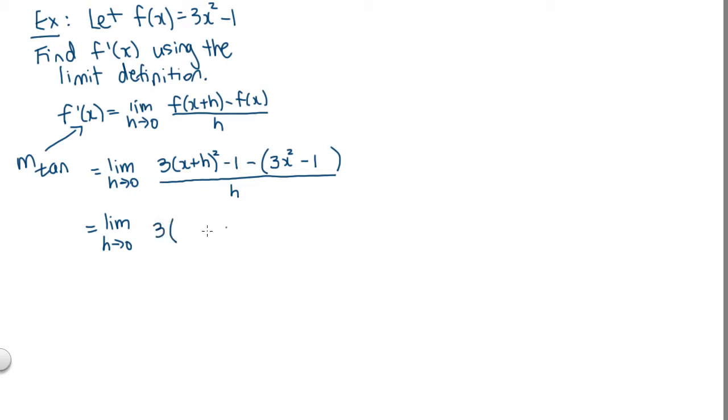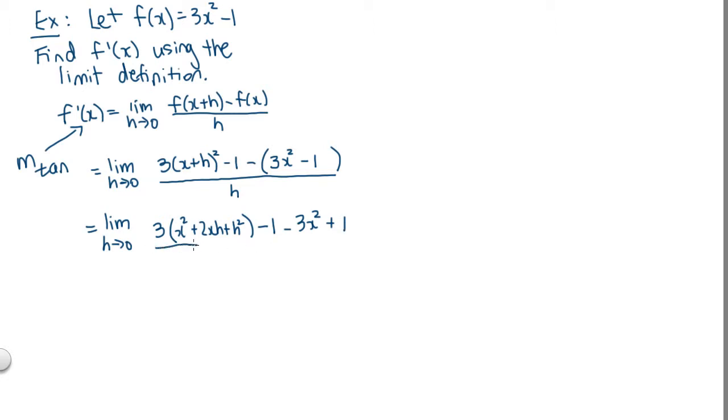So we can deal with the square first. We'd have x squared plus 2xh plus h squared, and then we're going to subtract 1. And at the same time, we could multiply through the second bracket here, multiply through by negative 1. So we'd have minus 3x squared and then plus 1.